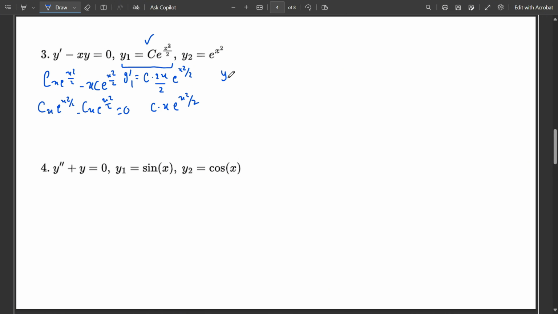So we have y prime equals, well, we just have 2x times e to the x squared. Substituting this into the differential equation, we have y prime, which is just 2x e to the x squared, minus x times y, e to the x squared.